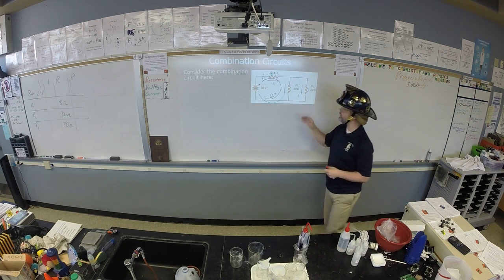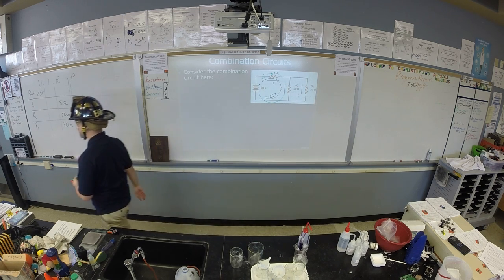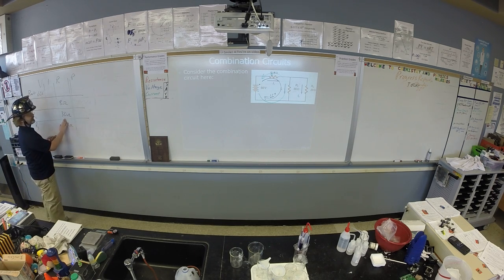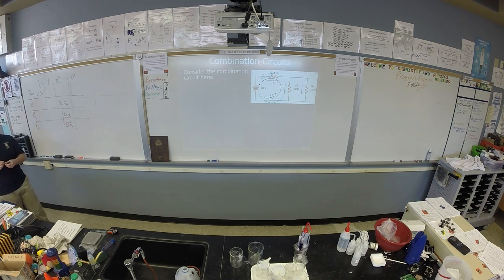Okay? So we're going to collapse R2 and R3 into a virtual resistor, and R2 and R3 are a parallel section. So what do we do with parallels? Reciprocal. So I'm going to make a box between R2 and R3, and that's going to represent my parallel section compressed into a virtual resistor.